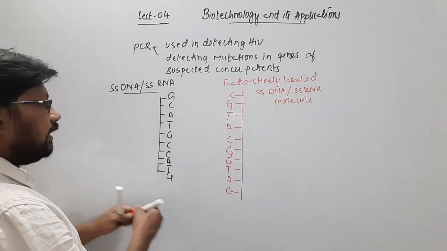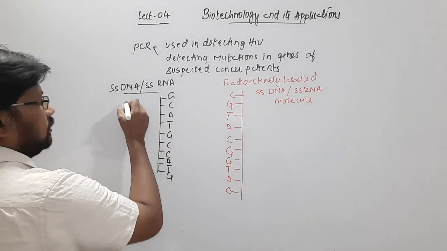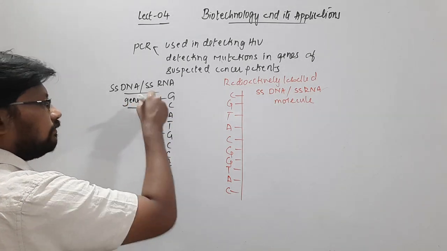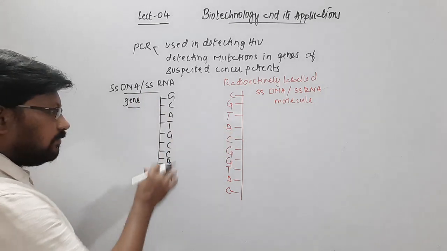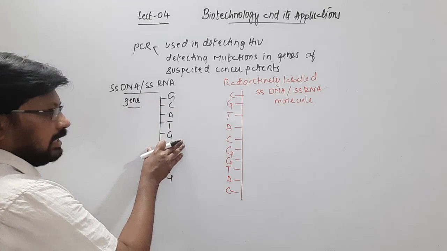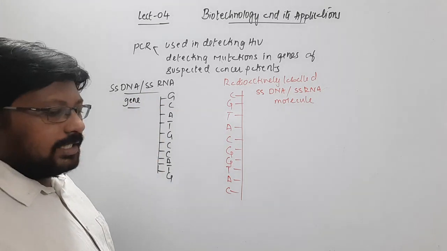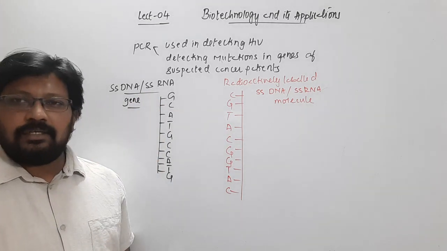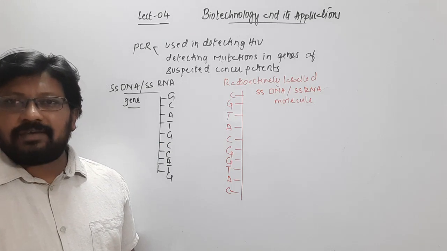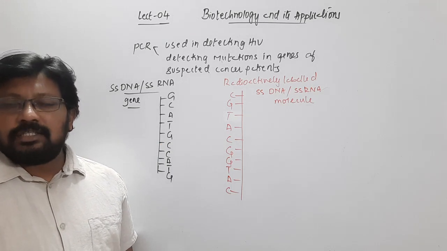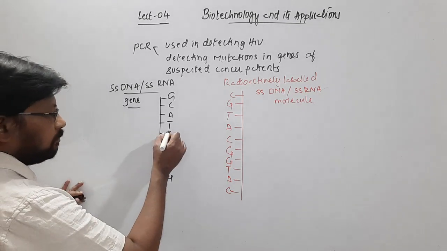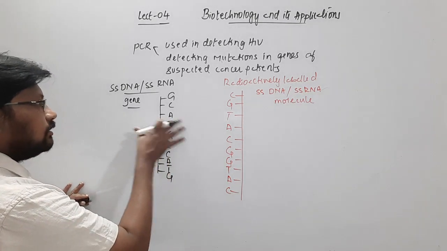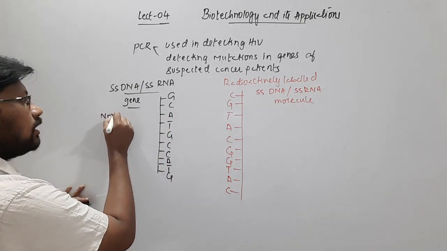So this is a gene which we want to find out whether it is mutated or not mutated. If we find that it is having a mutation, then the person is having cancer. If not, the person is normal, right? So say suppose this is a normal gene, it's not mutated.